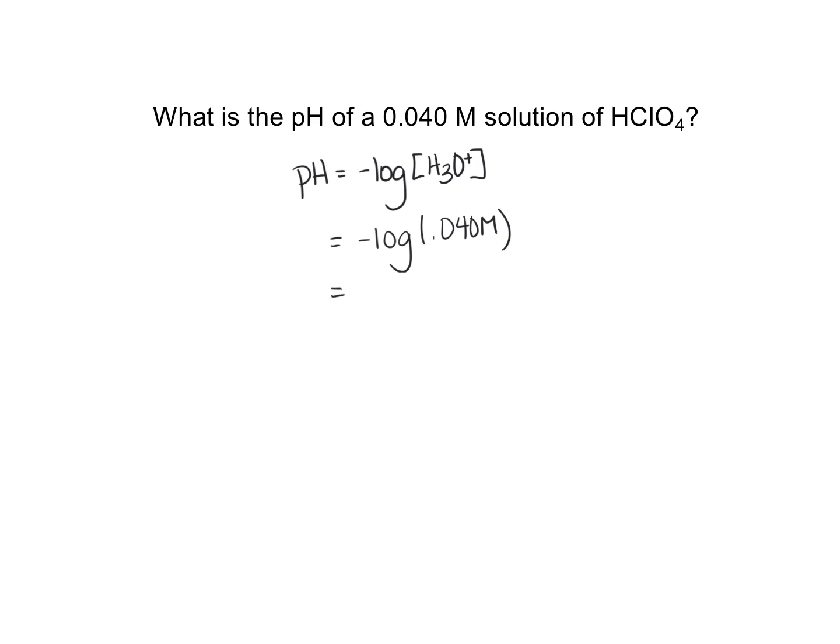The way I have to put it into my calculator is I enter this first, I hit the log button, and then I have to take the negative. And that gives me 1.40. Now, if I wanted to find the H3O+ concentration from 1.40, I would use H3O+ equals 10 raised to the negative x, so 10 raised to the negative 1.40, and that would give me 0.040 molar.